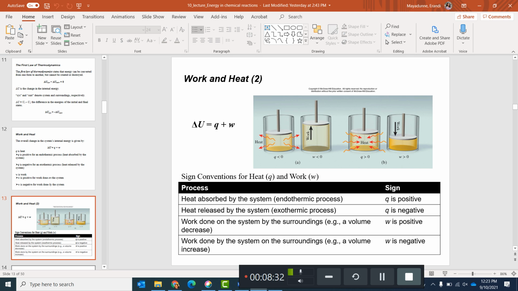When the system absorbs heat, it is endothermic because there is more heat in the system. Q negative, heat released by the system, is exothermic. So W positive is work done on the system, and W negative is work done by the system. The system has to do work at that time.